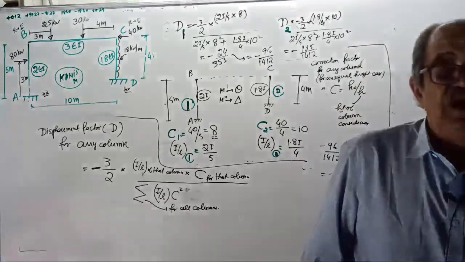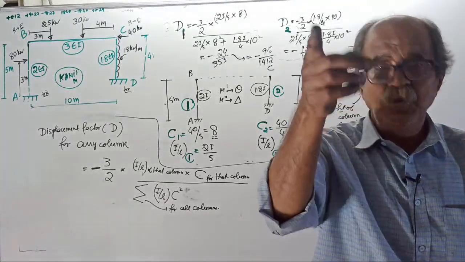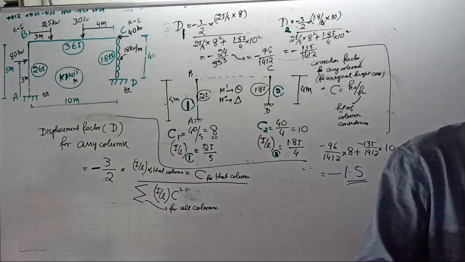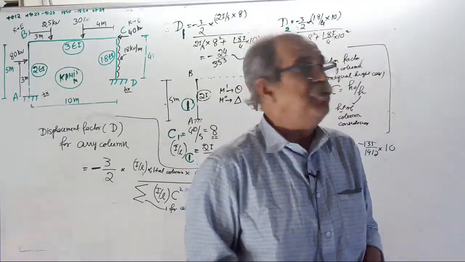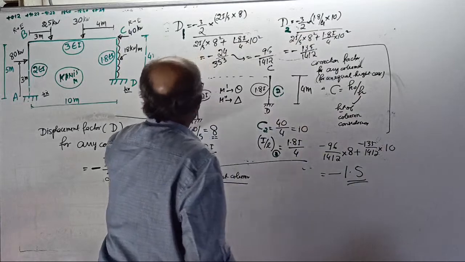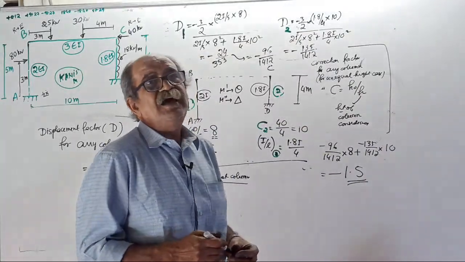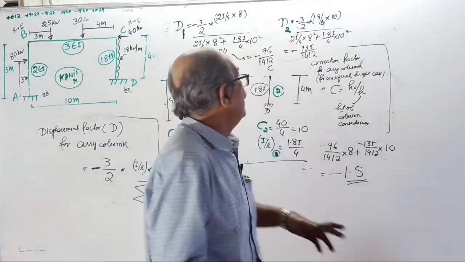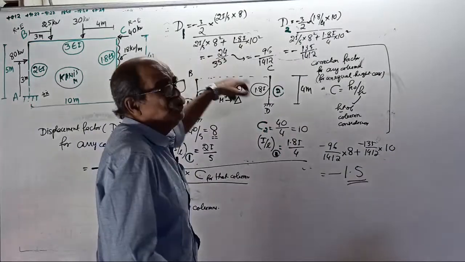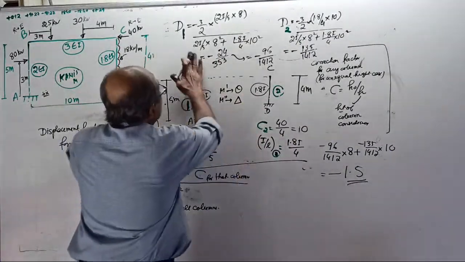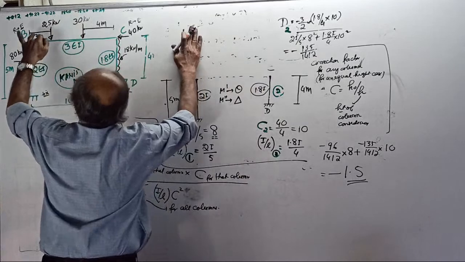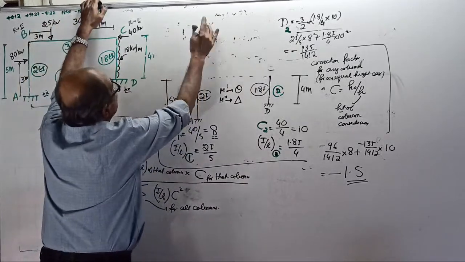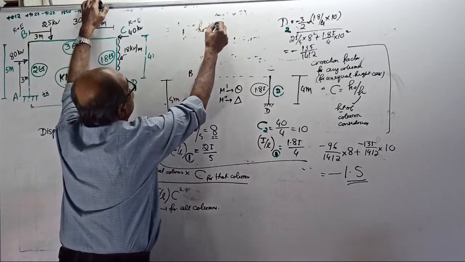Now I will tell you what you can see in a general YouTube class. They will unnecessarily waste time on FPM. They will say WL square, that you should not do it. Then they will simply come and write: for column 1, reference height I will take H0, say 40 meter.